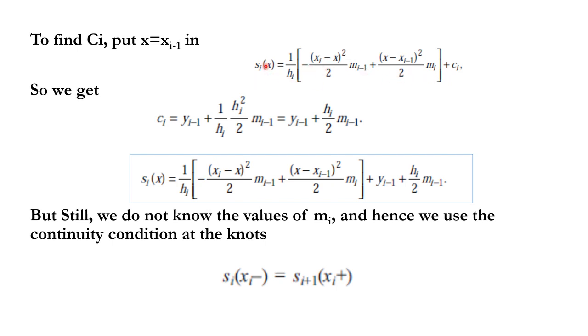So putting x equal to xi minus 1, this term becomes xi minus xi minus 1, that is hi, so hi square by 2, and this term becomes 0, the whole term becomes 0. And since putting x equal to xi minus 1, Si of xi minus 1 should be yi minus 1. So using these conditions, this is equal to yi minus 1. Therefore, ci becomes yi minus 1 plus this term.